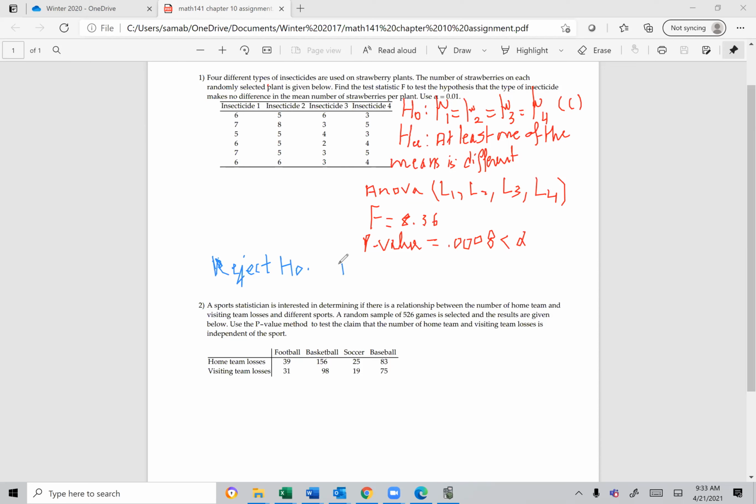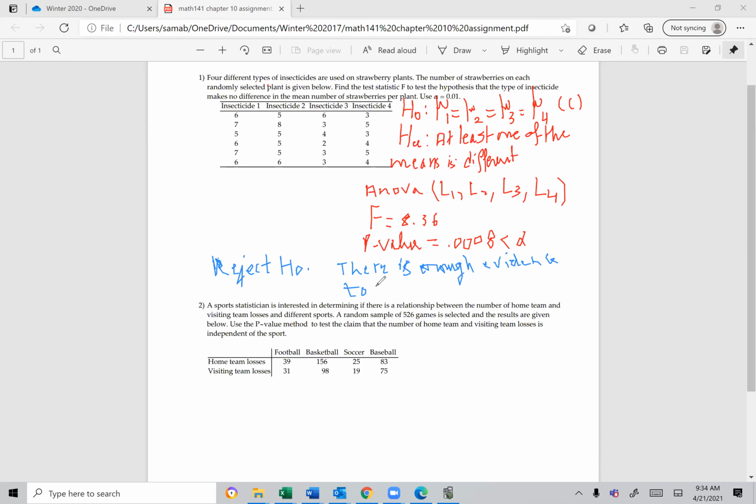So there is enough evidence to reject the claim.